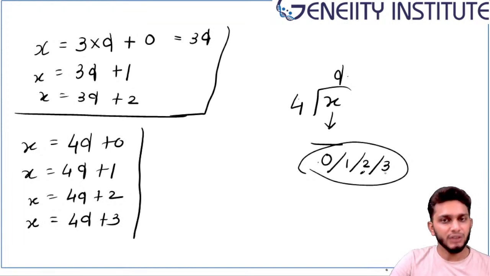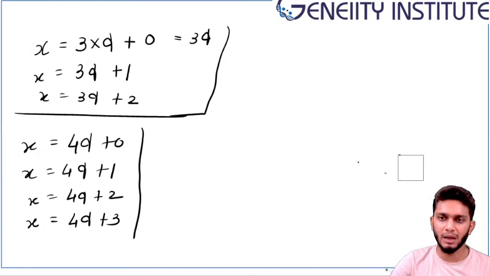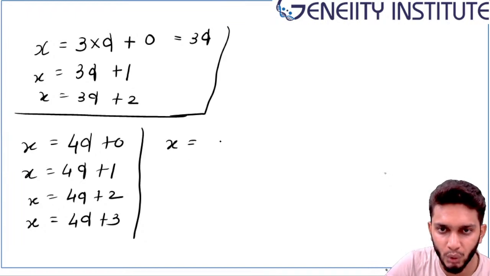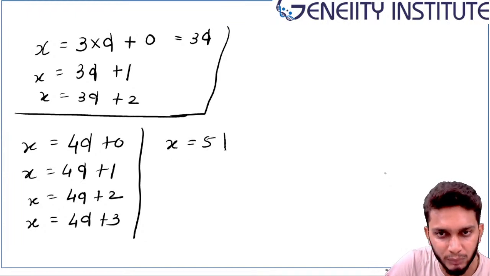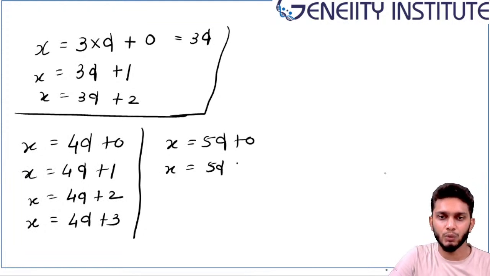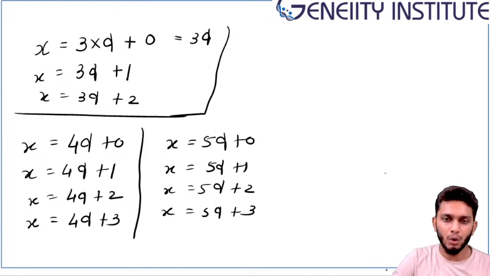Okay, the same thing happens in 5. When you divide x by 5, the same thing will happen. x is equal to 5q plus 0, x is equal to 5q plus 1, x is equal to 5q plus 2, x is equal to 5q plus 3 and x is equal to 5q plus 4.